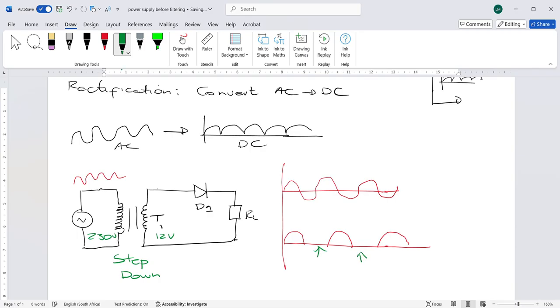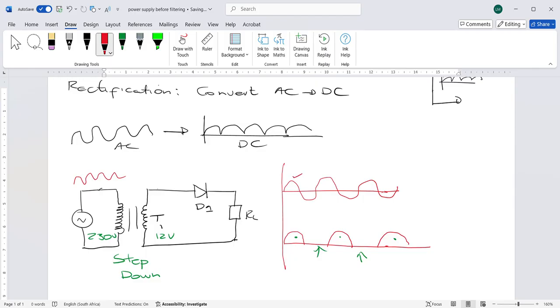During these gaps that you are seeing, the diode was off. And on these points here where I drew these dots, the diode was on. So we are saying it's a half wave rectifier because the diode was only working for half of the time.